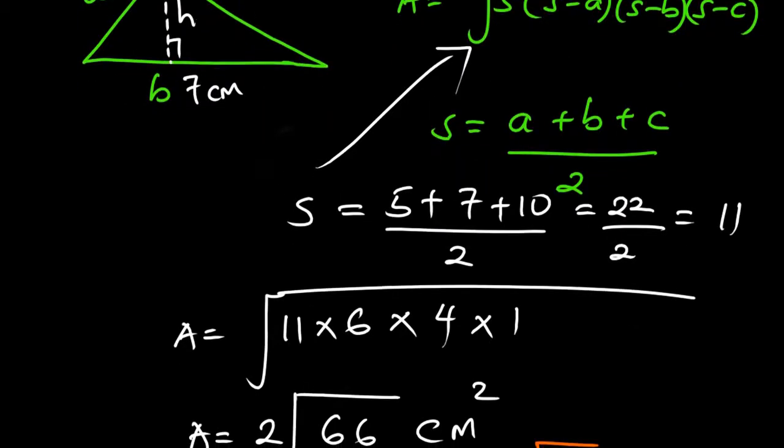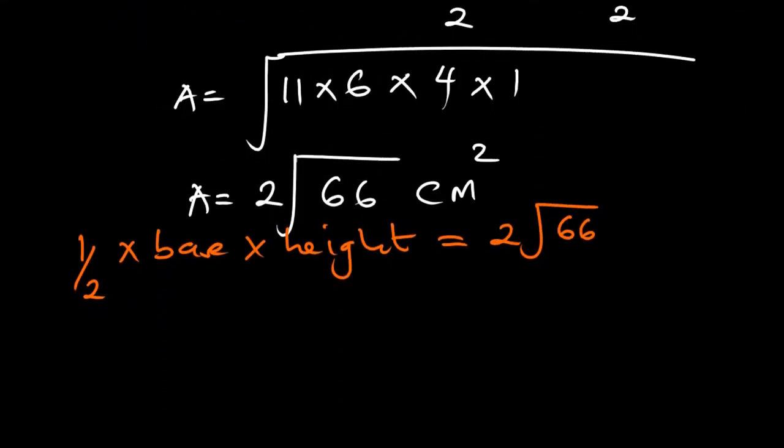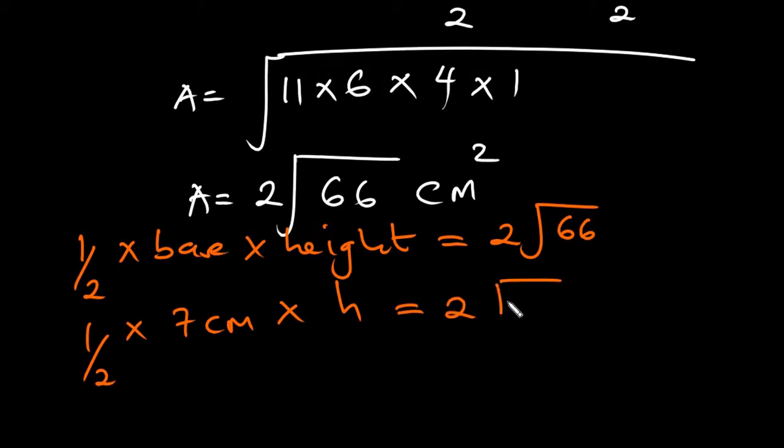So the base is 7 centimeters, and now the height is this one that we are looking for. Okay, so it's going to be a half times 7 centimeters times height, and we're going to equate it to 2 root of 66.